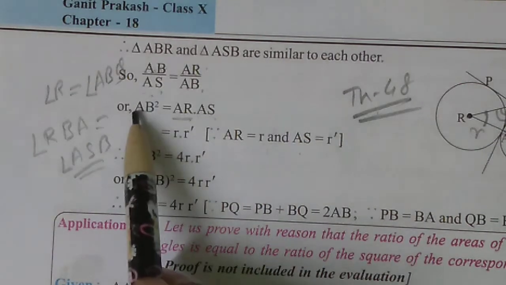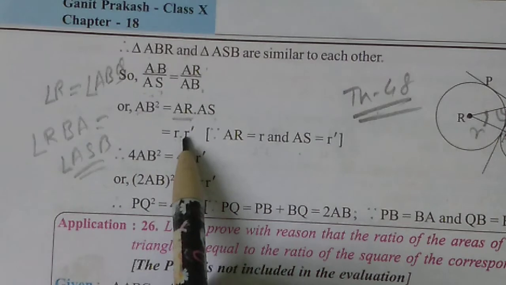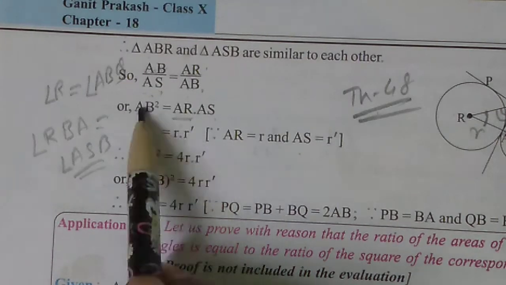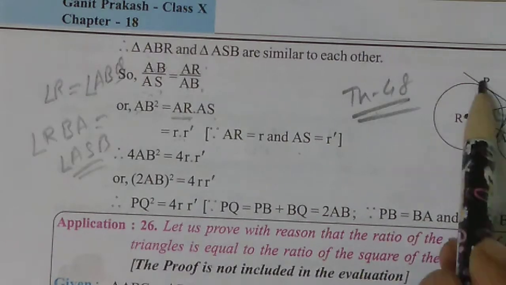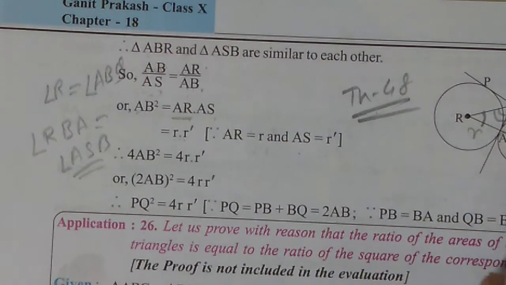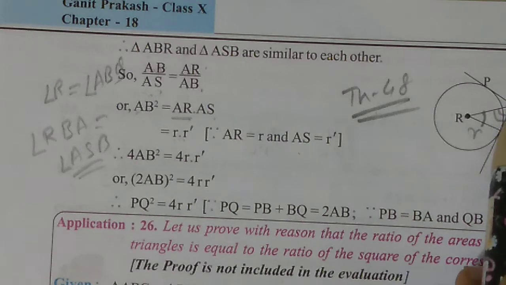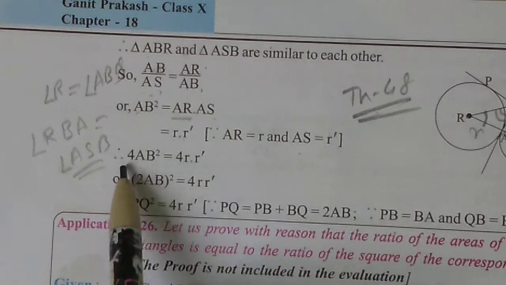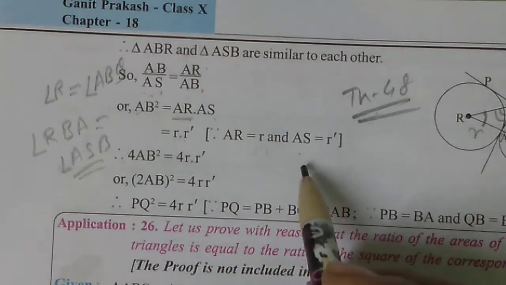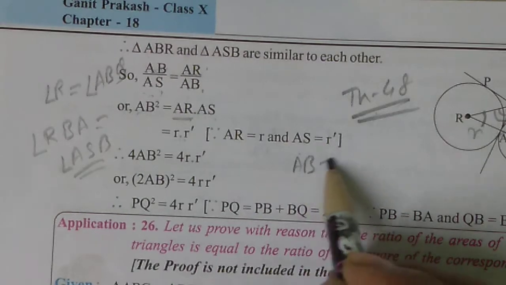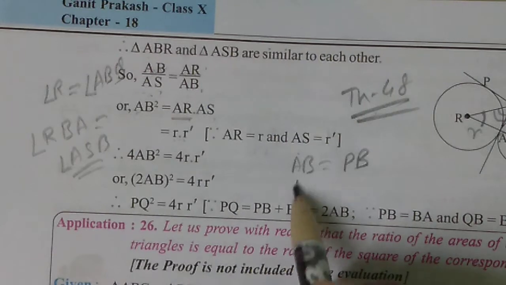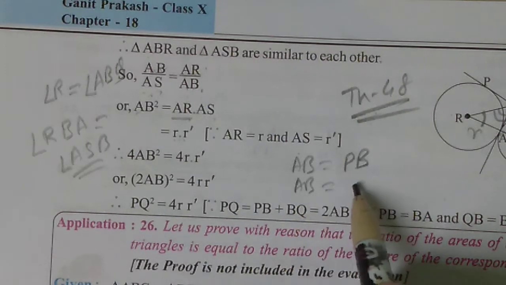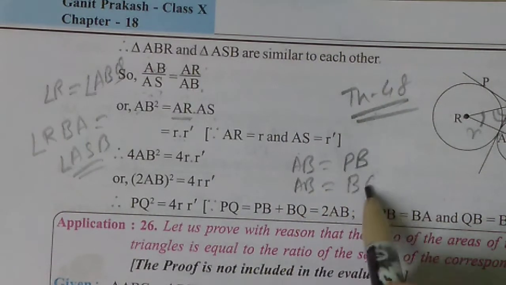So AB square equals r r dash. AB equals PB, again AB equals BQ.